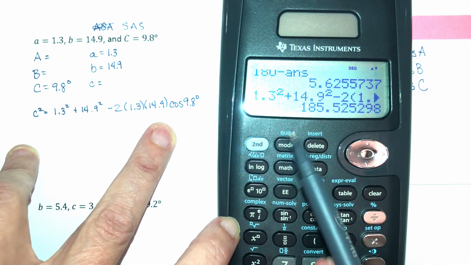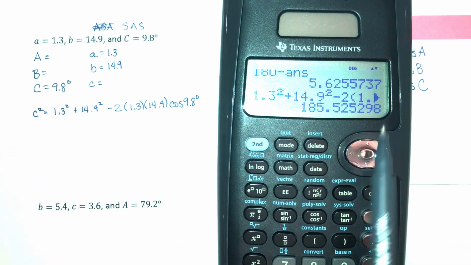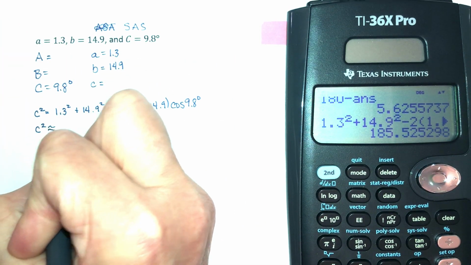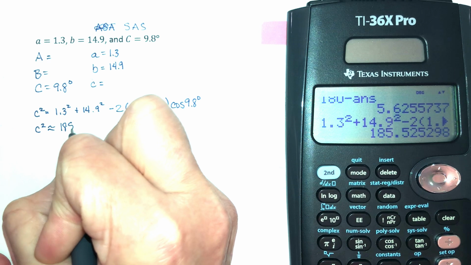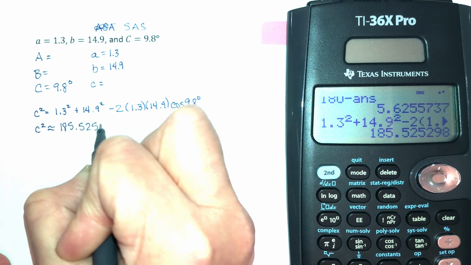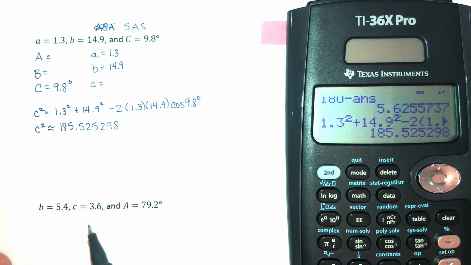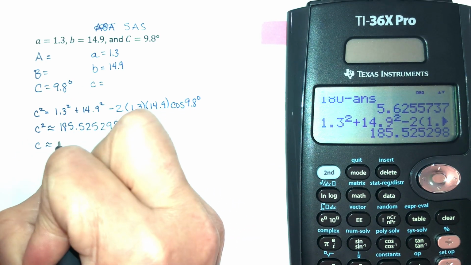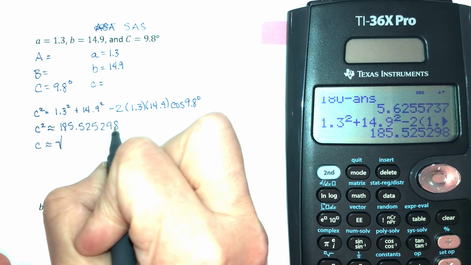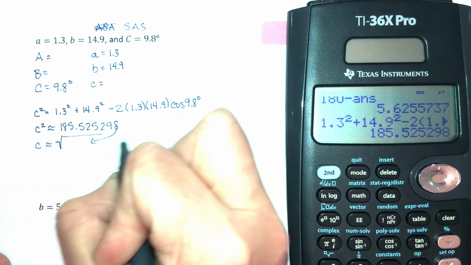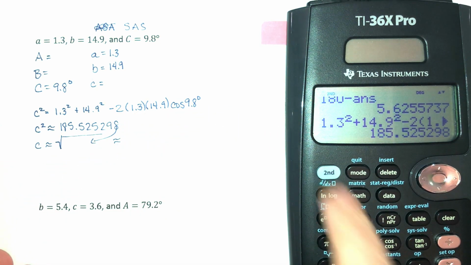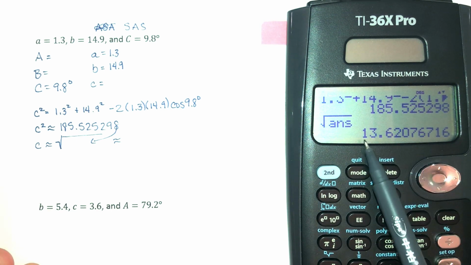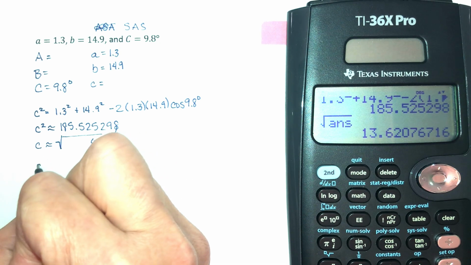And I get that C squared is approximately this. And we need to take the square root of this to find C, and we're only interested in the positive solution, and we get approximately this.